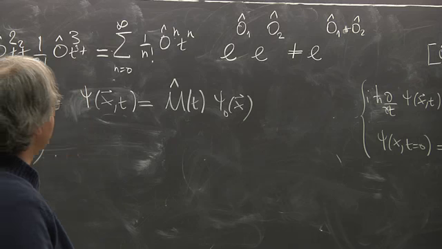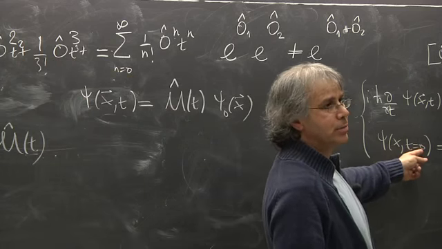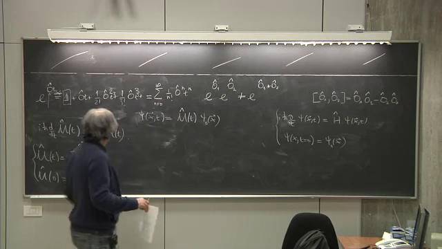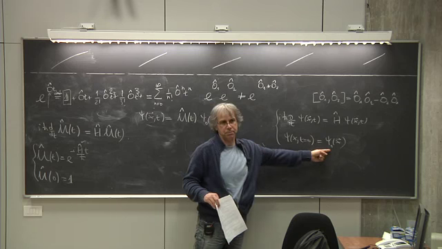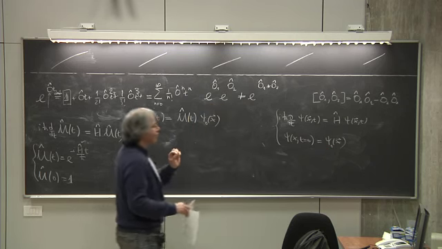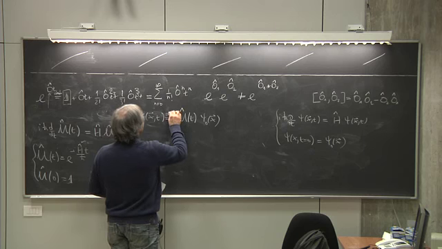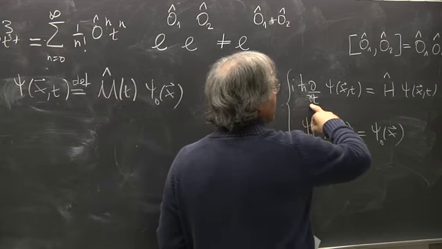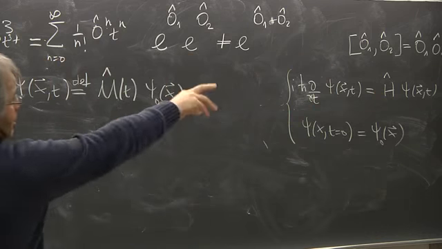How can you prove that? First of all, let's verify the initial value constraint. Well, for t equals 0, U of 0 is the identity, and obviously you get what you want. So all I have to really prove is that if I define psi in this way and take the derivative with respect to time, I get exactly the same thing as the right-hand side.